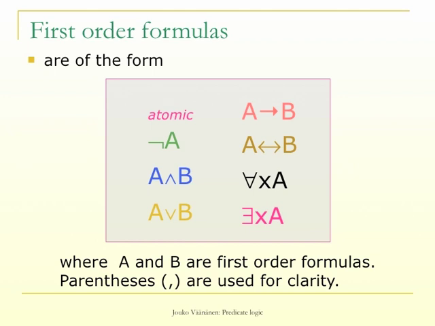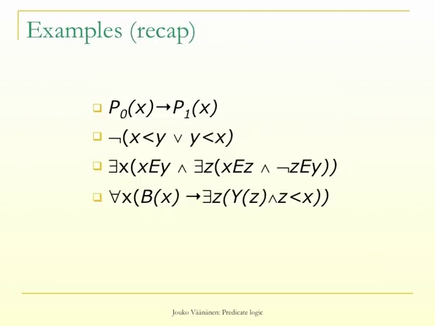Thus, for example, if we want to put a universal quantifier in front of A implies B, we write for all x, left parenthesis A implies B, right parenthesis. Here are some examples. P0(x) implies P1(x). Negation, left parenthesis x less than y or y less than x, right parenthesis.